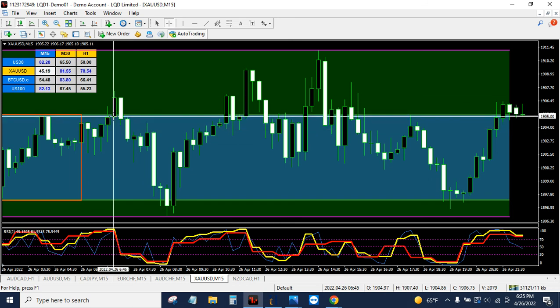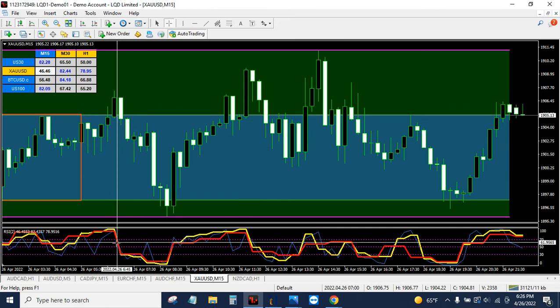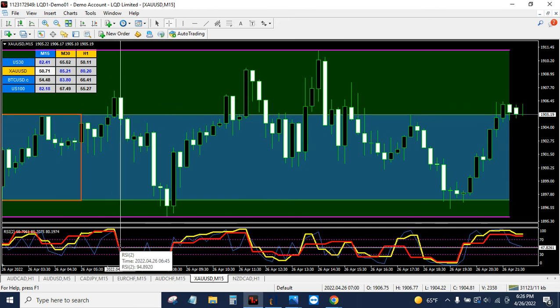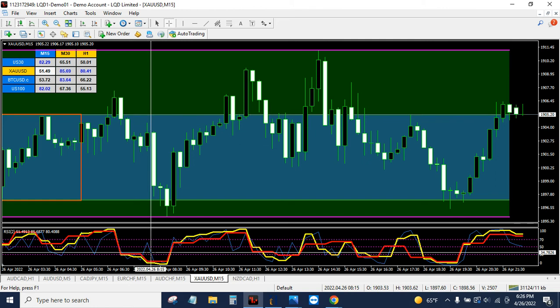Take whatever pips you can get. The long is closed here when the 3 hour RSIs cross back down. Long is opened here, and so on. It's only using the 30 level for short breakouts or the 70 level for long breakouts.